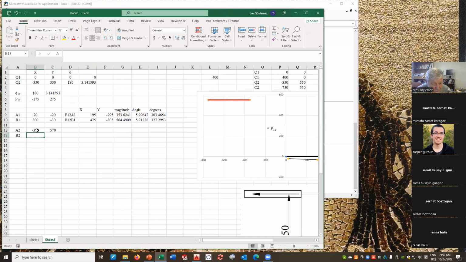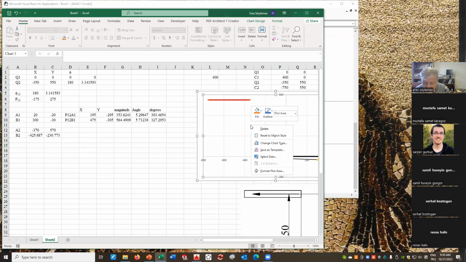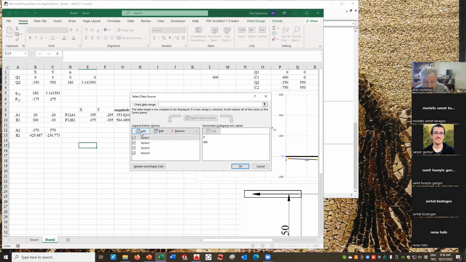Now, as before, if I mark this as fixed, the coordinate of P2 as fixed, and pull this down and pull this down, that's it. Let us see whether we have made a mistake or not.